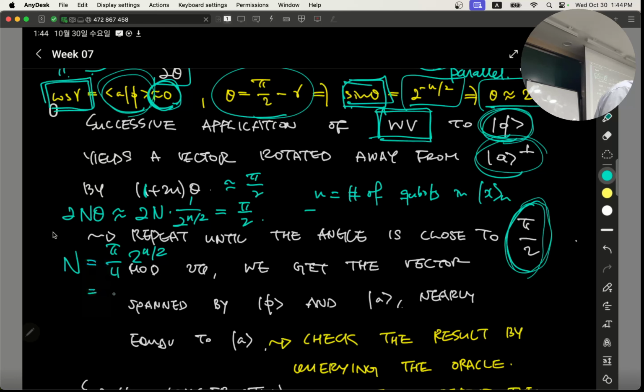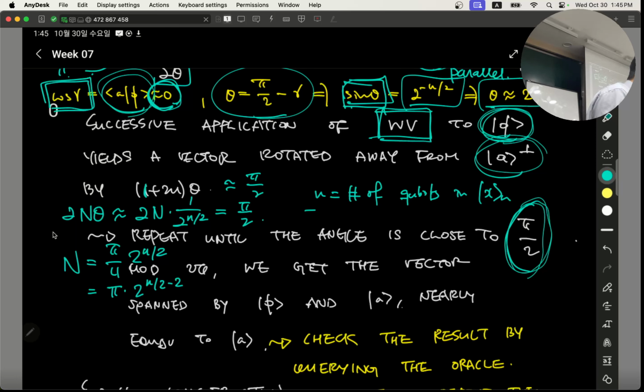So what happens is the number of rotations that you need to perform in order to get a pi over 2 angle is actually a lot bigger than you need. It's pi times this much. So the number of operations you need to perform is on the order of the square root of the number of operations when you use your classical computer.